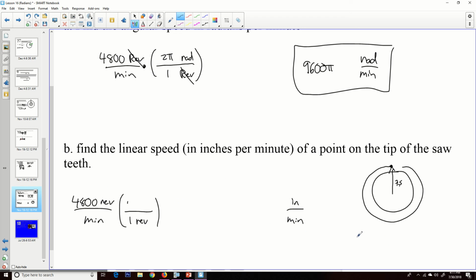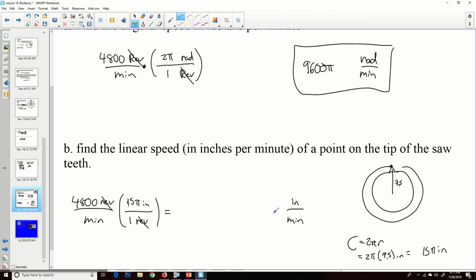The circumference is 2 pi r in this case, so 2 pi times 7.5 inches, which will give me 15 pi inches. Again, revolutions cancel. We have inches on the top, that's where we want them. We've got minutes on the bottom, that's also where we want it. So we're good there.